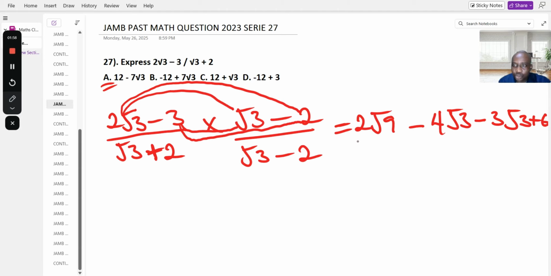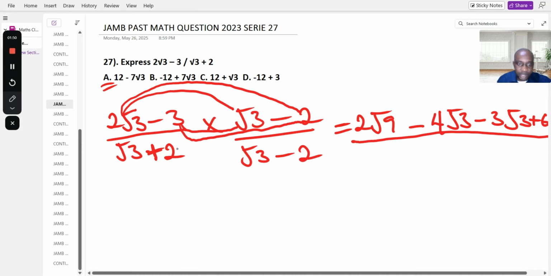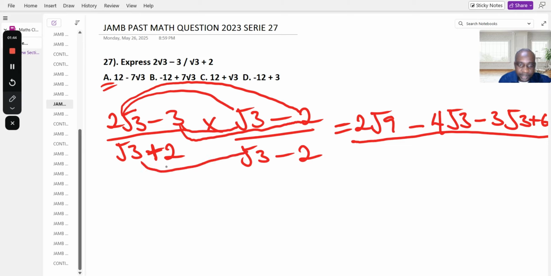Yes, we are going to divide this one, also divide this like this. Now, square root of 3 multiplied by square root of 3 is going to give us square root of 9.